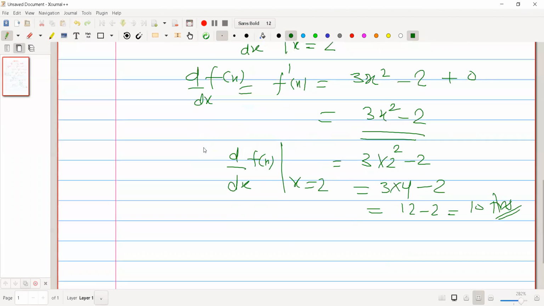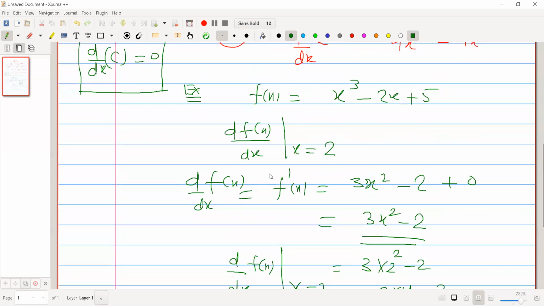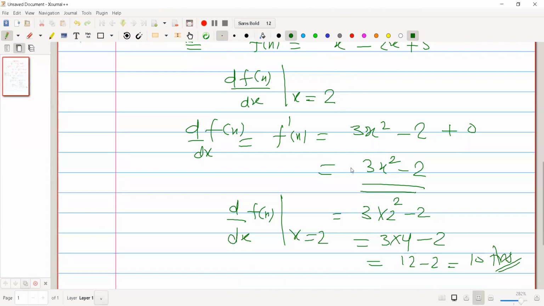If you extend this question, later we will extend this, no problem. Here the derivative we are finding is also called the slope. If I give one question like find the slope at the point x equal to 2, then the answer will be the same, 10, because we first find the derivative and then put in the value.